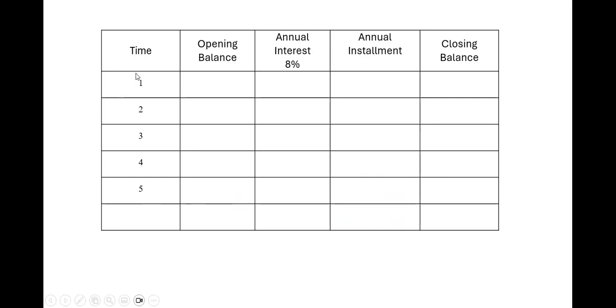But here there are only 5 rows. The reason is we pay annual installments for 5 years, right? Next columns: opening balance, annual interest at the rate of 8%, annual installment, then final closing balance. How to fill this table is part B.